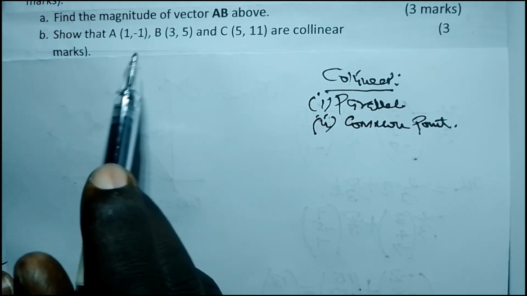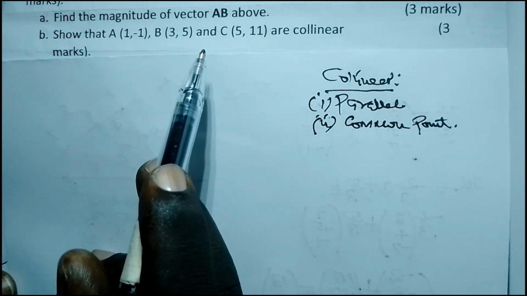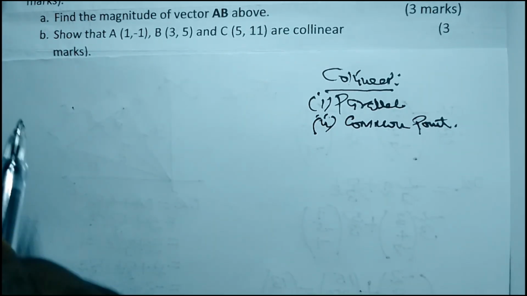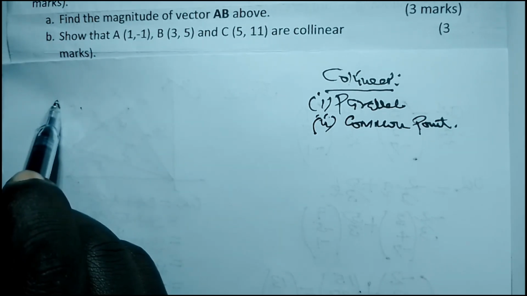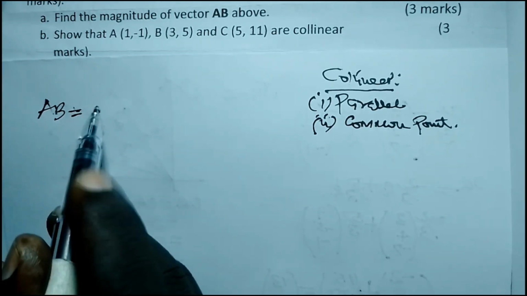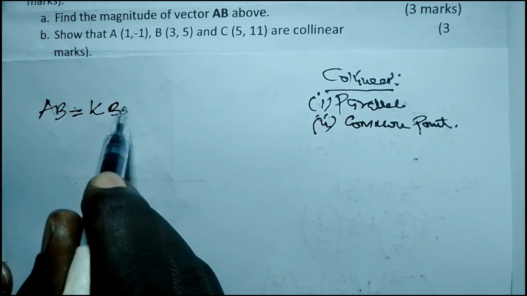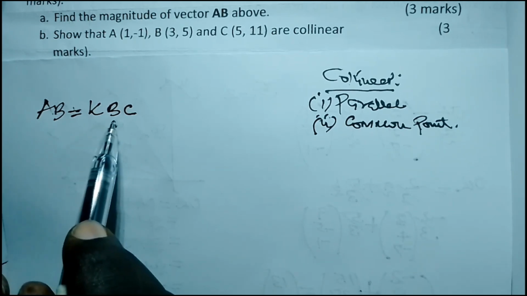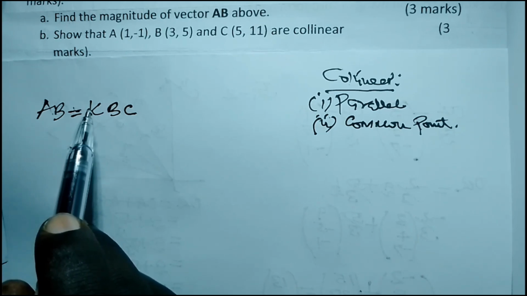To show that they are parallel, we need AB to be equal to a scalar K multiplied by BC. Let us see whether this condition can be satisfied.